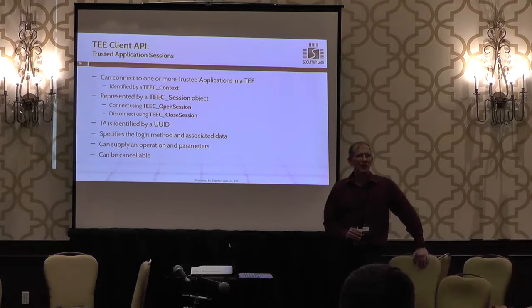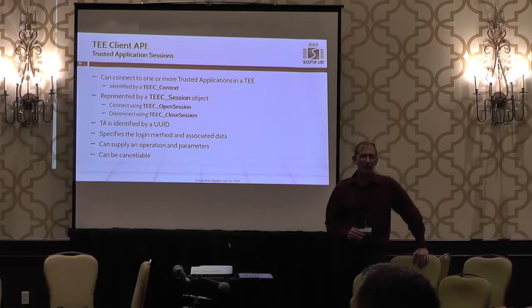So keep this in mind when you're building your stack and your applications: whatever data or application is calling in or calling out, think in terms of what it means to have a rogue application in the normal world invoking the TA. So you have to look at what's passed across that boundary as well, because by definition, the normal world is not secure. So you can't trust what it's doing. You have to think defensively in writing your TAs as well.